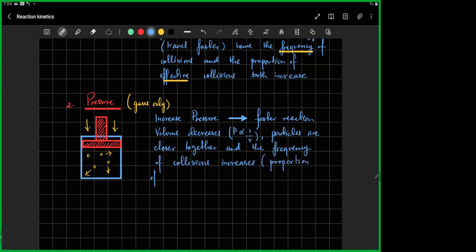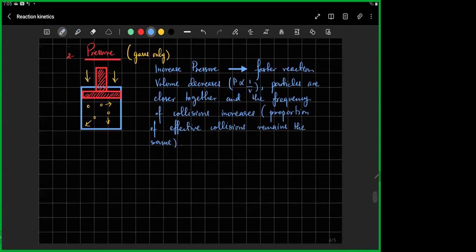The proportion of effective collisions, they're not gaining energy, so they're not bumping into each other with a lot more force. They are still colliding the same way. So the proportion of effective collisions remains the same. So that's our pressure done.